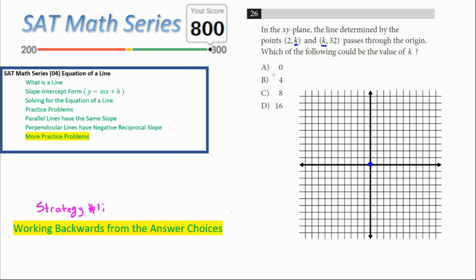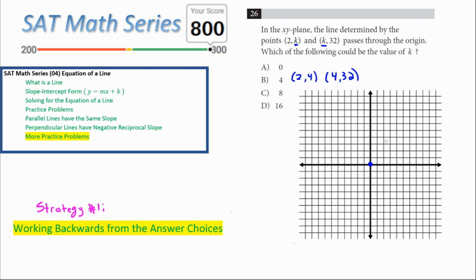We do know that this line must cross the origin. But if we were to just go here and try these answer choices, this would be one way to converge on the solution. For instance, if the answer was 0, that would mean (2, 0) and (0, 32) were both points on the line. (2, 0) here, and (0, 32) would be somewhere way up here. And we can see that that line has no chance of going through the origin. So we could try answer choice B, which would mean that the 2 points are (2, 4) and (4, 32).